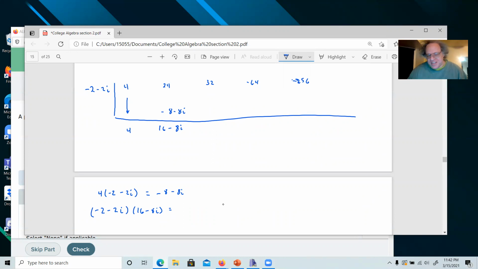Okay, notice that this is -2 minus 2i, so that's -2, and I have 1 plus i here. And then this is 16 and 8, so if I pull out an 8, 16 divided by 8, that's 2, minus i. This is equal to -16, 1 plus i, and then 2 minus i, and then multiply this together because the numbers are small, and then multiply it by 16 when you're done in order to put it back up here.